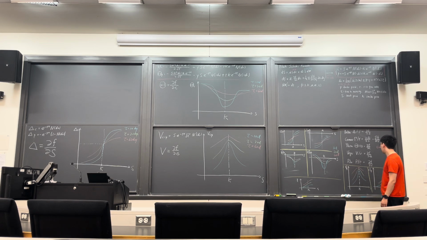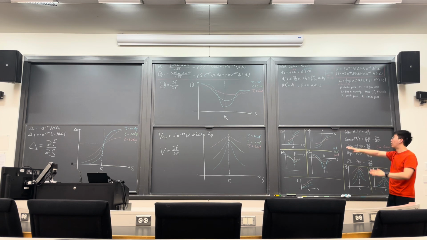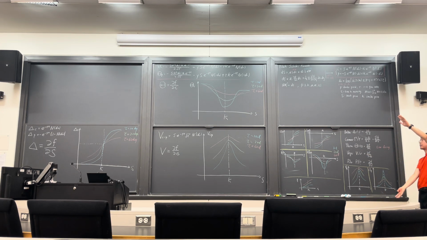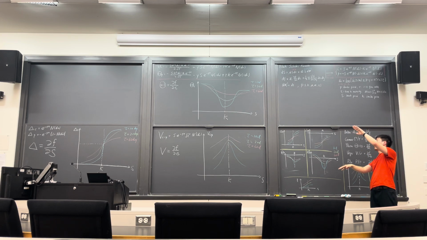Vega is the sensitivity to volatility. As you can imagine, the longer the time you have, the less sensitive the option is to the price of the stock, as in all of the graphs, because there's a lot of uncertainty the further away you are. But imagine something becomes more volatile: there's more money to be made if you have longer time.